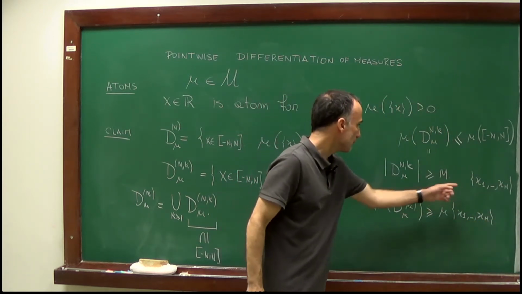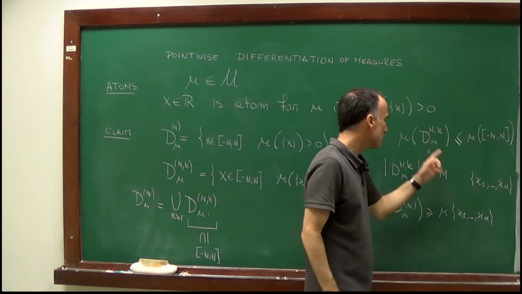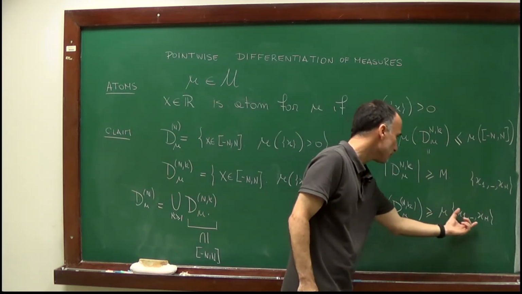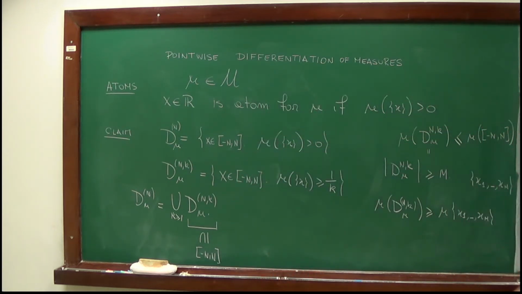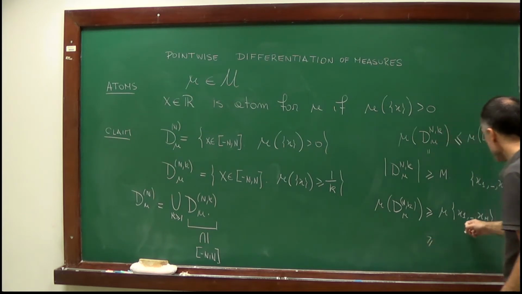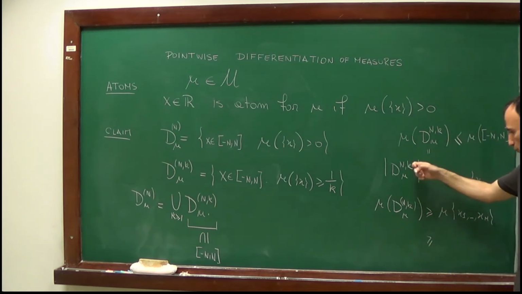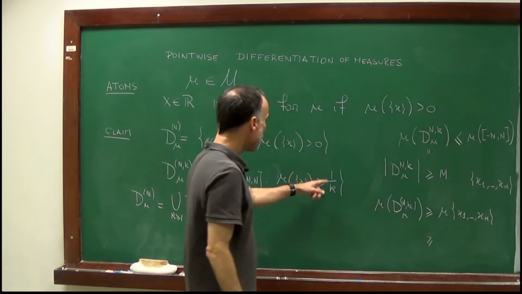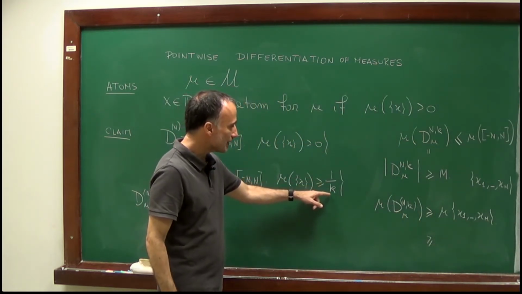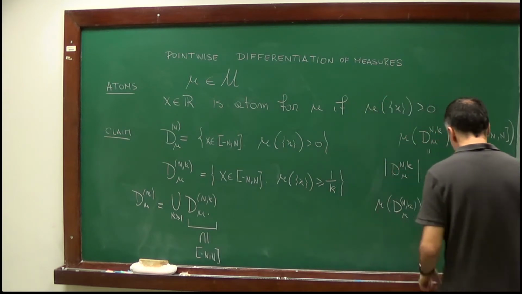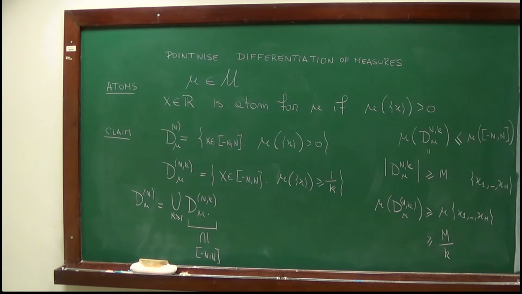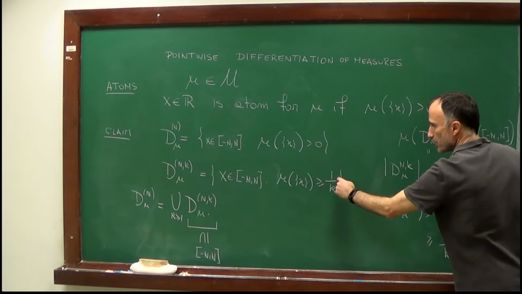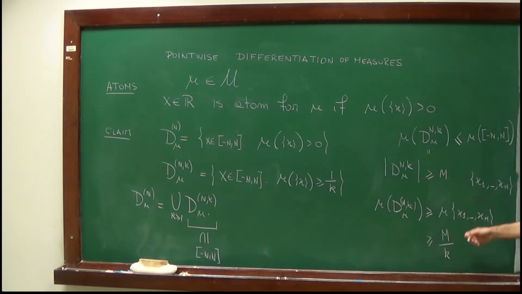Because these points x1, ..., xm belong to this set, so this set is contained in that one, therefore the measure of this set is larger. The measure of this set is just the sum of these measures. But since each of these points belongs to that set, they all have a measure which is at least 1 over k. So the measure of this set is at least m divided by k. There are m points, and each point has mass at least equal to 1 over k.